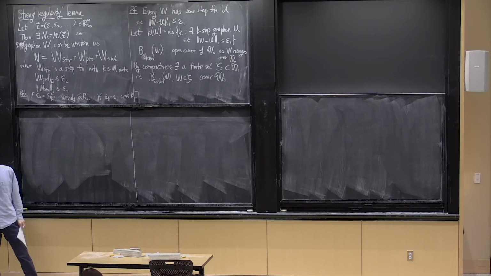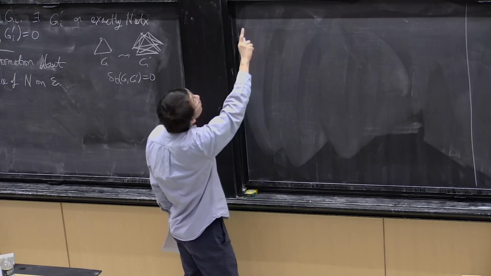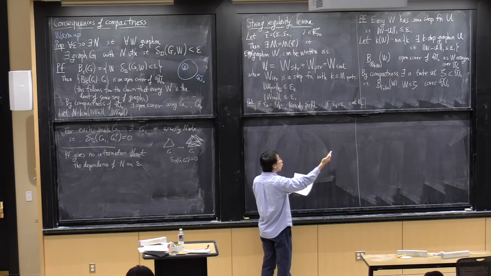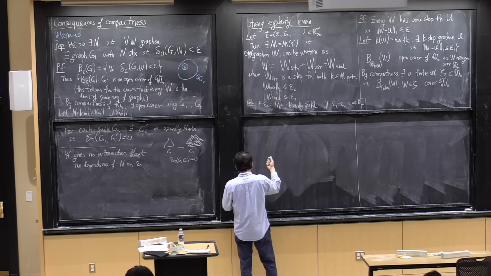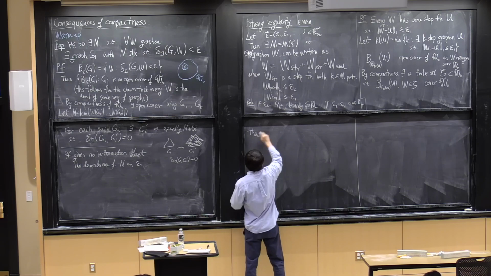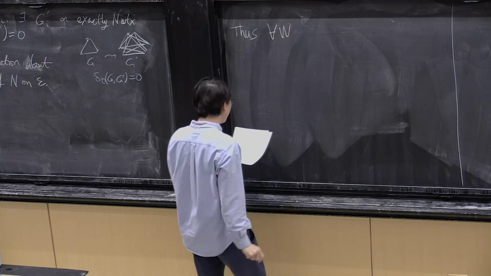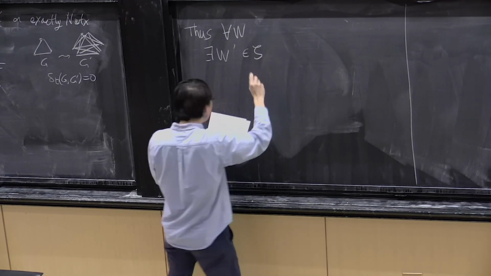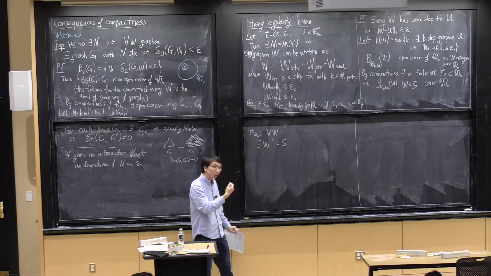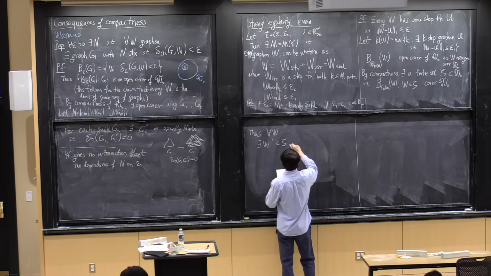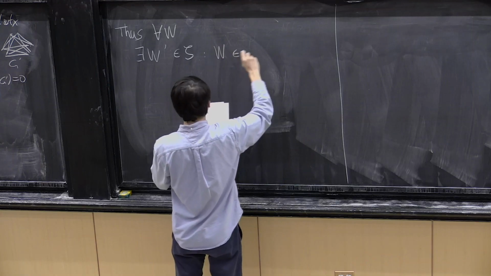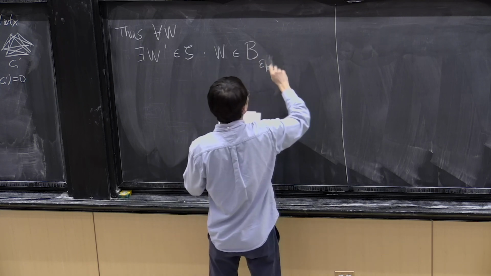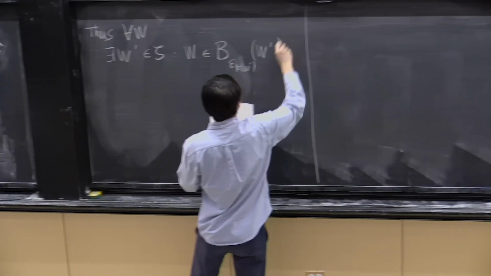Now, the goal is, given W, I want to approximate it in some way. Having a finite set of things to work with allows us to do some kind of approximation. So for every graphon W, there exists a W prime in S whose ball covers the point W, such that W is contained in this ball.